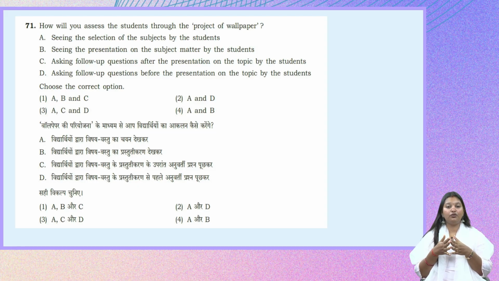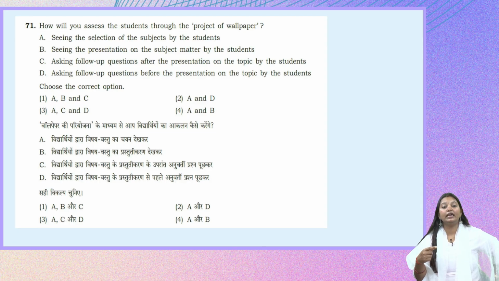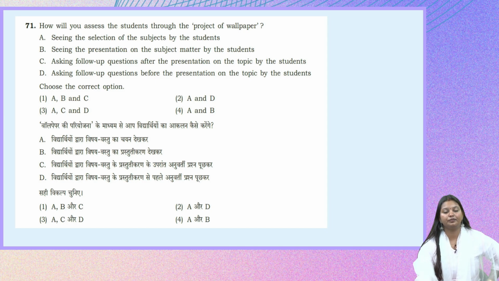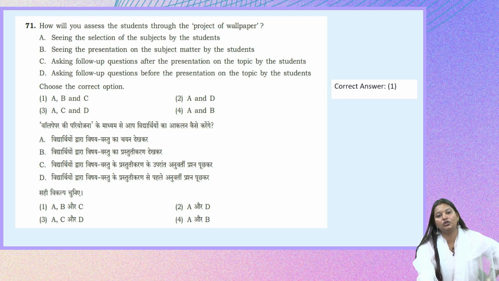So now we have to choose the correct option. How will you actually assess them if you have given them project of a wallpaper? So in this you can clearly remove one option, that is option D, asking follow-up questions before the presentation on the topic.